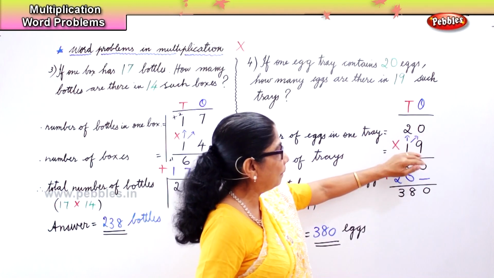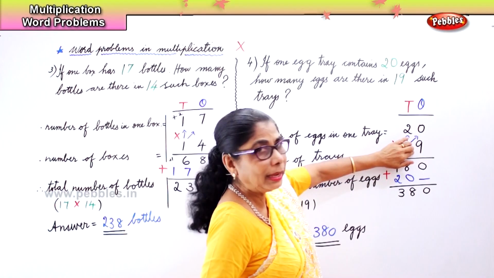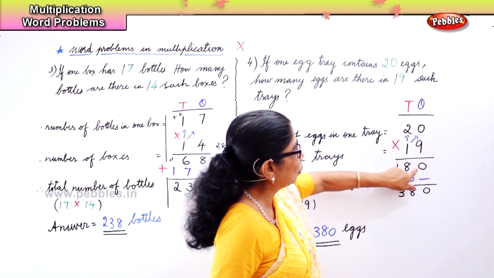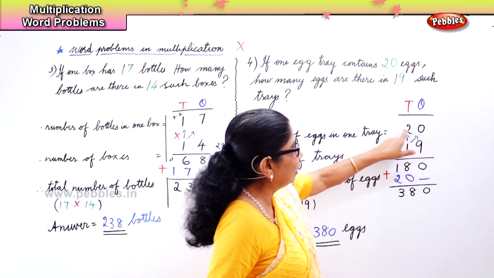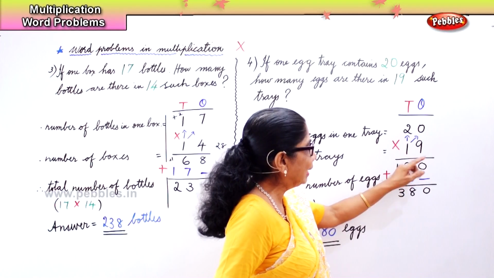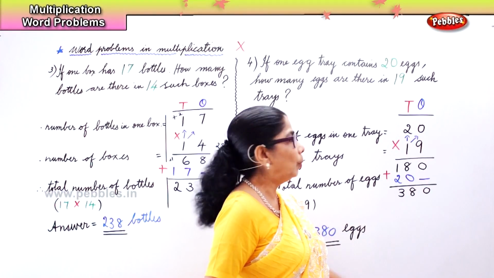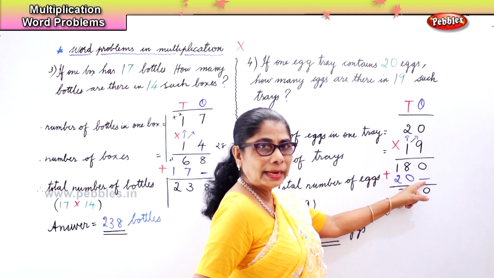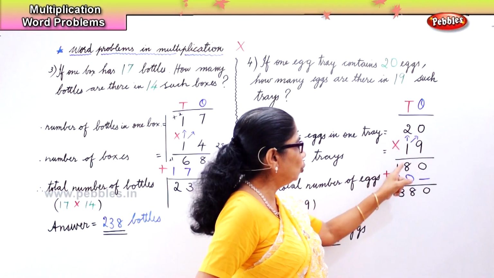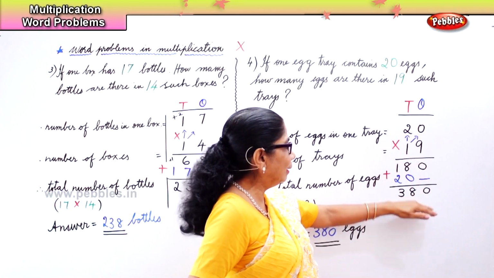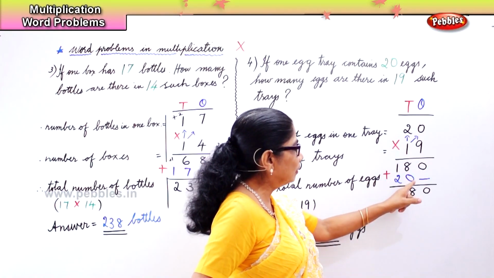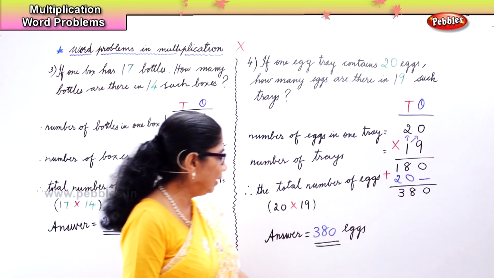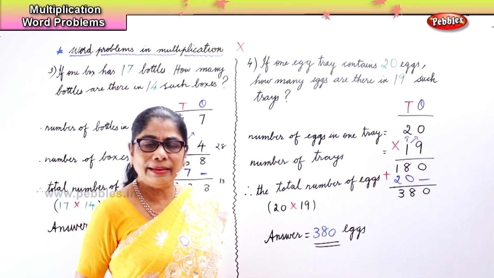Then we placed the numbers. Then first we multiplied 20 into 9. 9 into 0, 0. 9 into 2, 18. Now we forget about the 9. We are going to do 20 into 1. First put a dash in the ones place. 20 into 1 is 20. Now we add the two together. 8 plus 0, 8. 2 plus 1 plus 2 is 3. And we get 380 eggs.